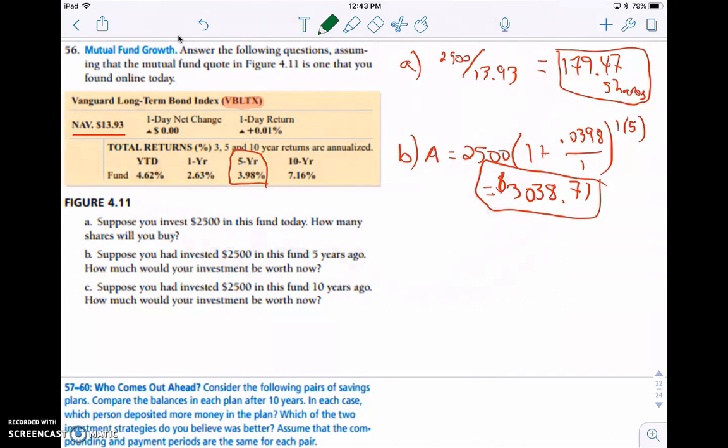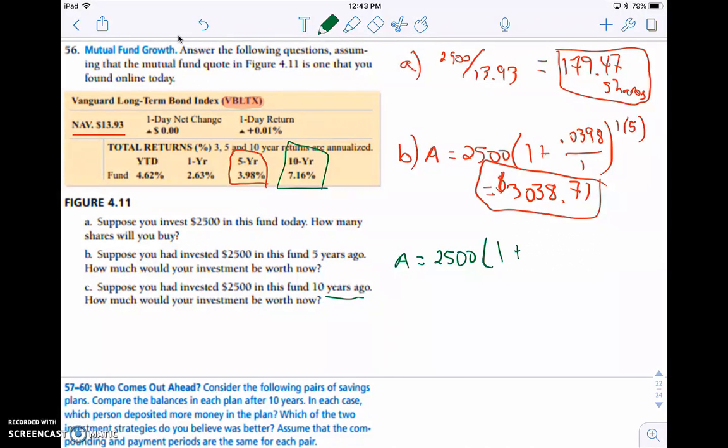Okay, we can look to suppose that you had invested $2,500 and it was 10 years ago. So how much would it be worth now? So now we're going to look at the 10-year rate of return. So that has a rate of 7.16%.